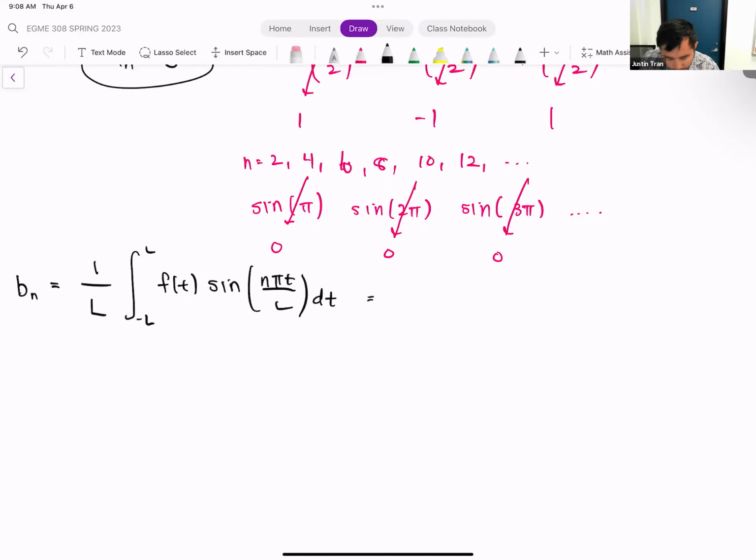I'm going to plug in for everything. We have our value of L, which is equal to 2, and our f of t is 7. So this integral becomes 7 over 2 integral from minus 1 to 1 of sine of n pi t over 2 dt.